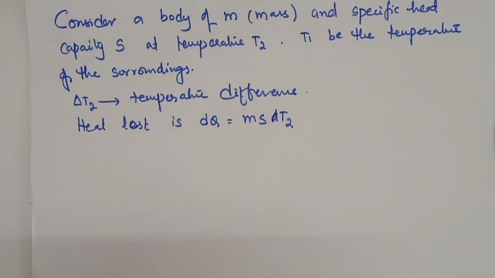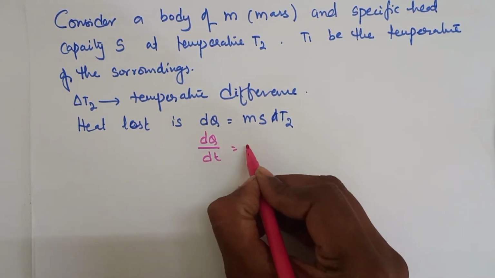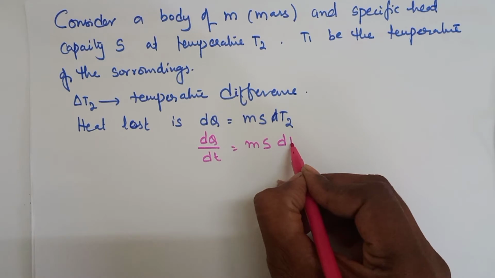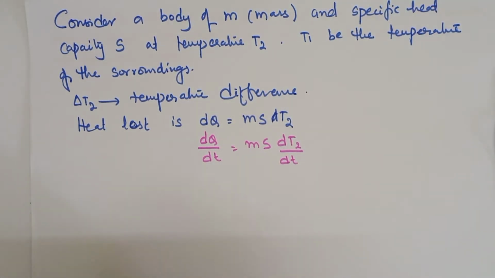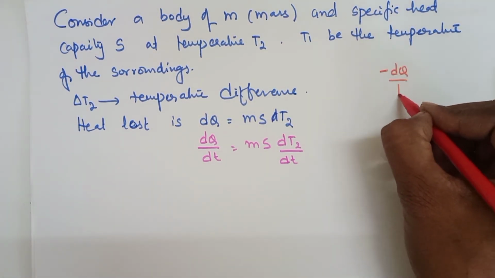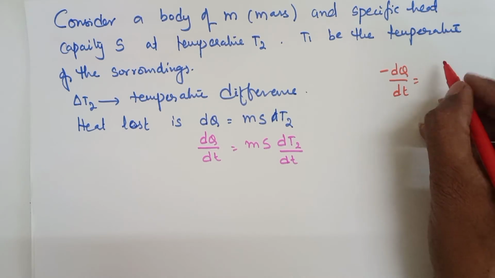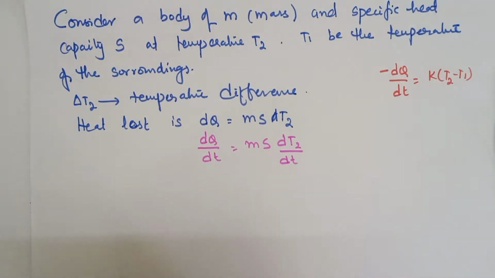How to write this dq by dt? dq by dt is equal to ms dT2 by dt, right? Now what does Newton's law say? Newton's law says that minus dq by dt, the negative rate, is equal to k into T2 minus T1.